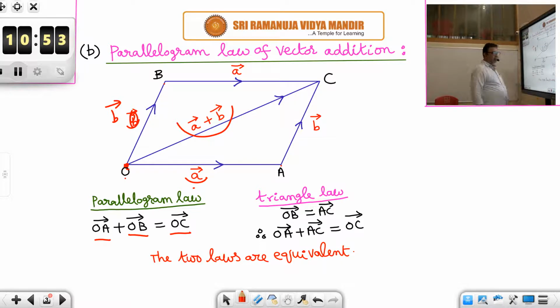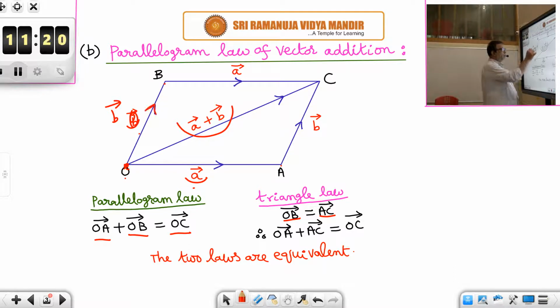But what about the triangle law? OB bar is nothing but AC bar, is it not? See the diagram, OB bar is equal to AC bar. Why? Because OB and AC are parallel. OACB we have drawn a parallelogram. So OB and AC are opposite sides, therefore they are parallel, and their lengths are also equal in a parallelogram.